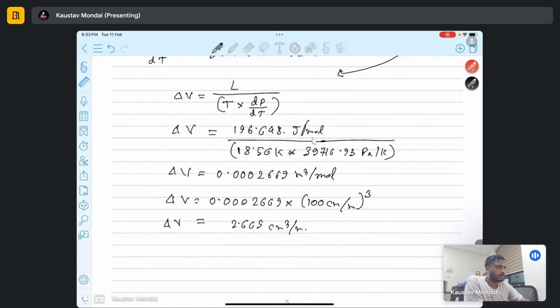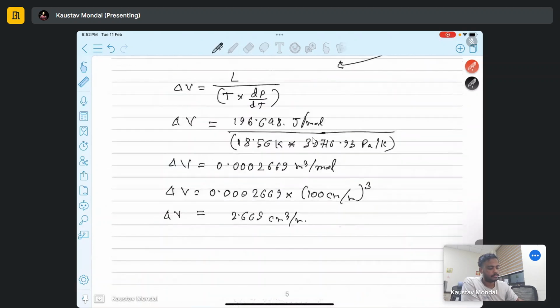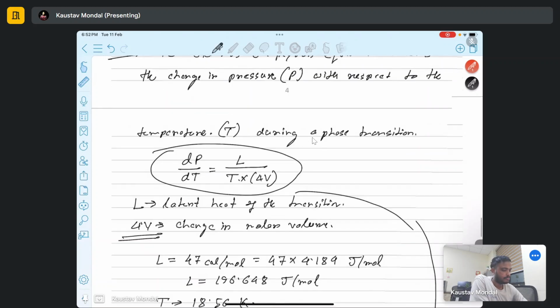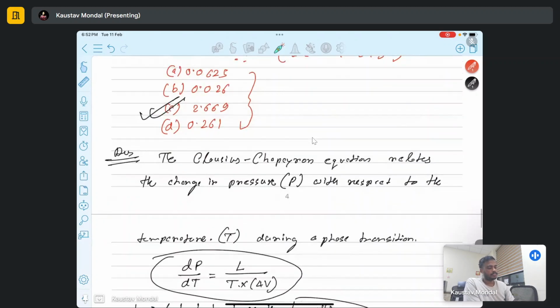So the option for our system will be this, right? The correct option will be option C. The main thing is that you have to use the Clausius-Clapeyron equation to solve this. Everything is given.